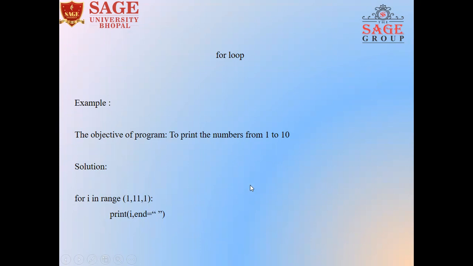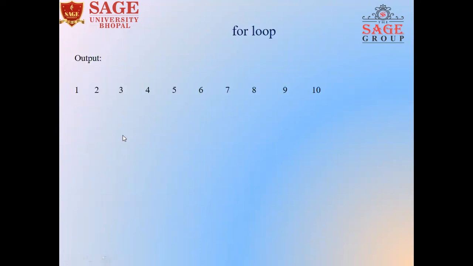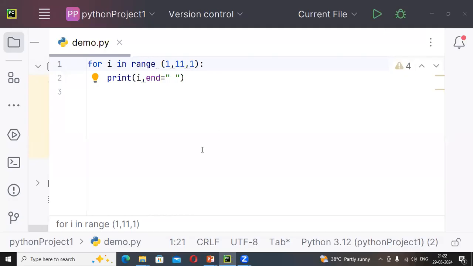So the output of this program would be like this: 1, 2, 3, 4, 5, 6, 7, 8, 9, 10, all in the same line because I have used the end equal to. So let us run this program. The same program is written here on the PyCharm platform.